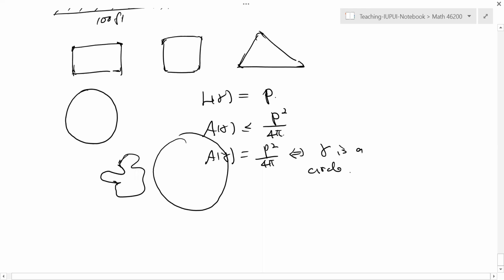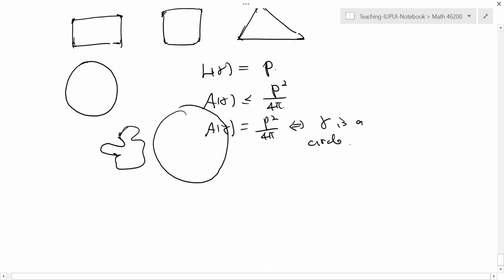Right. In the book, they give a proof without using complex analysis. And if we use a Fourier expansion of a periodic function, the proof can be much simpler to show that the area is going to be less than or equal to the square of the parameter divided by 4 pi.